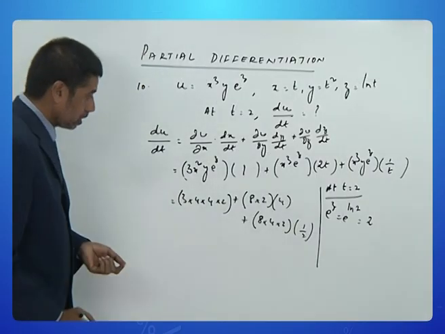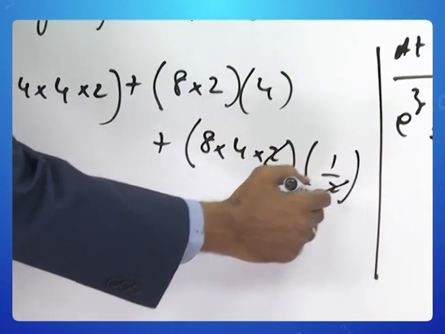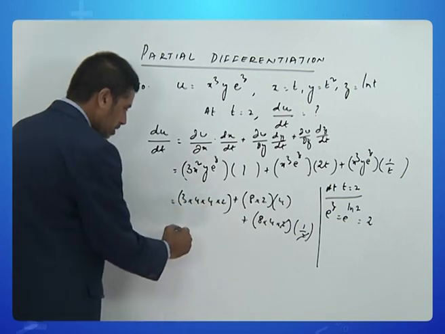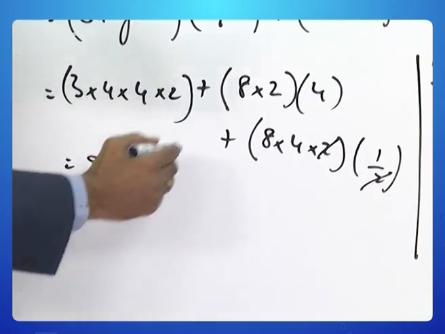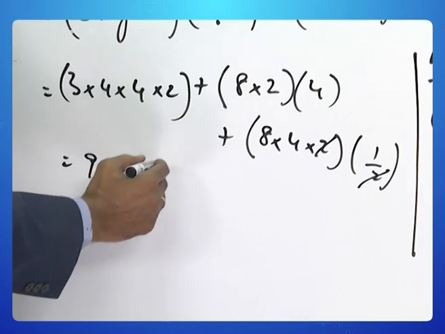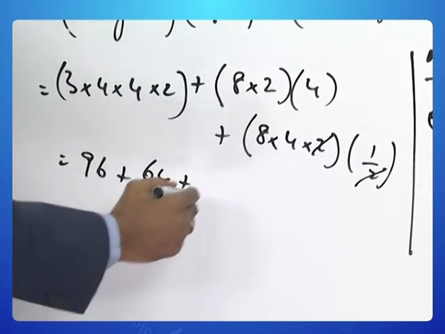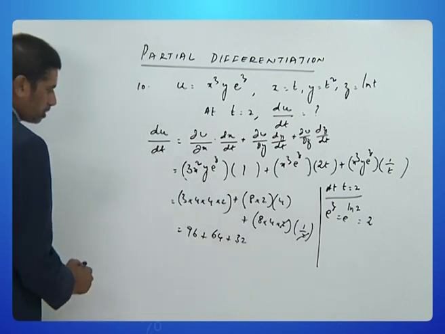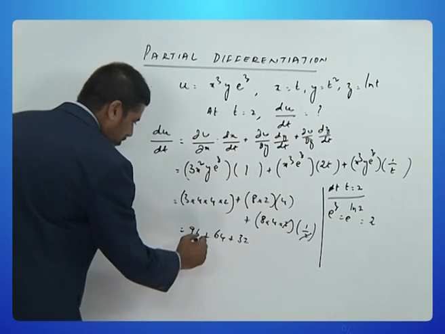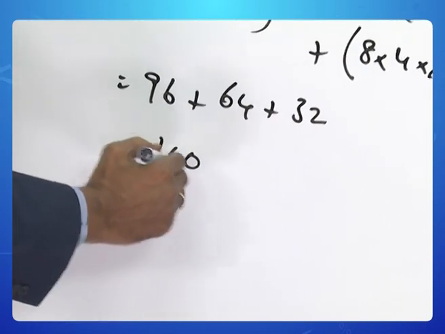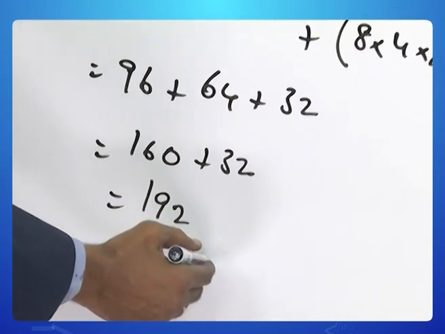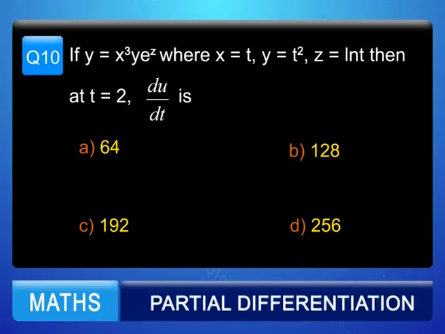Okay, so we can make simplifications. 16 into 6 is 96, then 16 fours are 64 plus 32. So let's add up these quantities. 96 plus 64 is 160 plus 32 is 192. So the correct option for this problem is C.